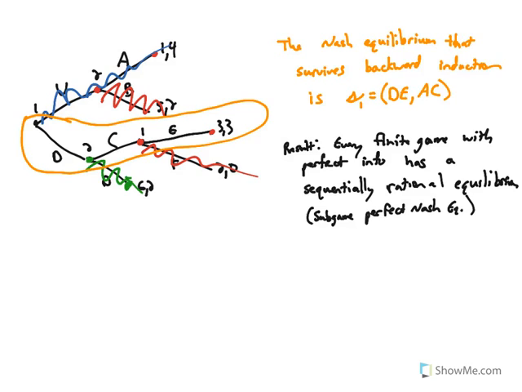So if player 1 at a later point in the game has a tie between actions E and F, but player 2's payoffs are different at those two actions, then player 2 might not know what player 1 is going to do there, and so she doesn't know what the payoff of her action is that leads to that node, and so she might do different things depending on her beliefs.